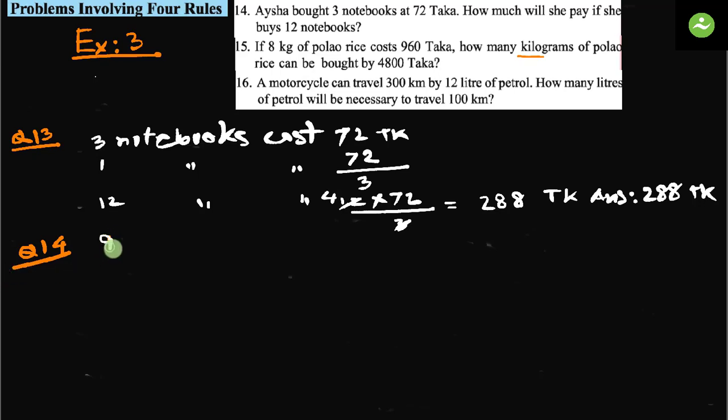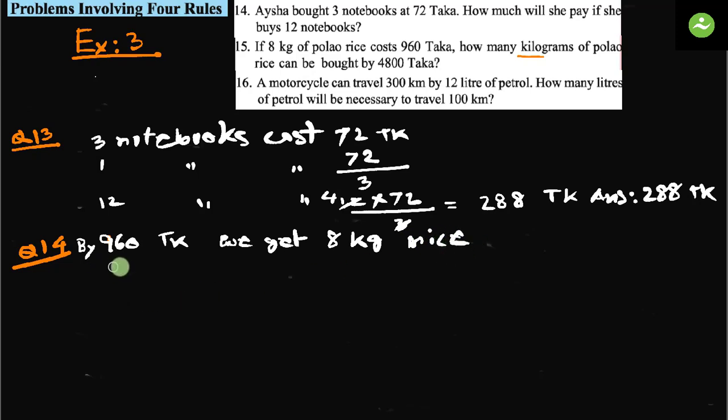960 taka, by 960 taka we get 8 kg rice. Let us write rice.